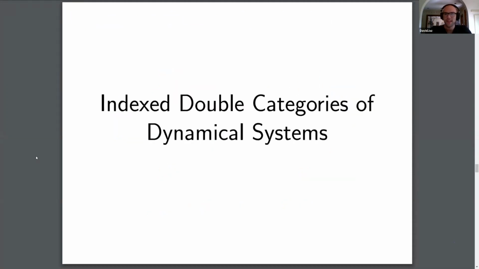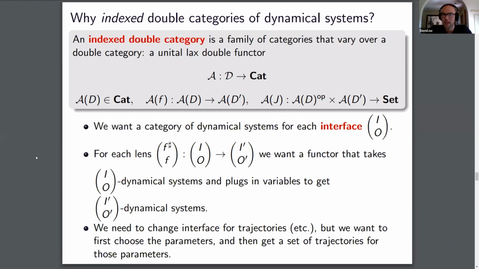So now I'm going to come to indexed double categories of dynamical systems. So why indexed double categories of dynamical systems? I thought I was making double categories of dynamical systems. I had these two sorts of morphisms I wanted. Well, as it turns out, I really want to keep track of the interface of my dynamical systems.